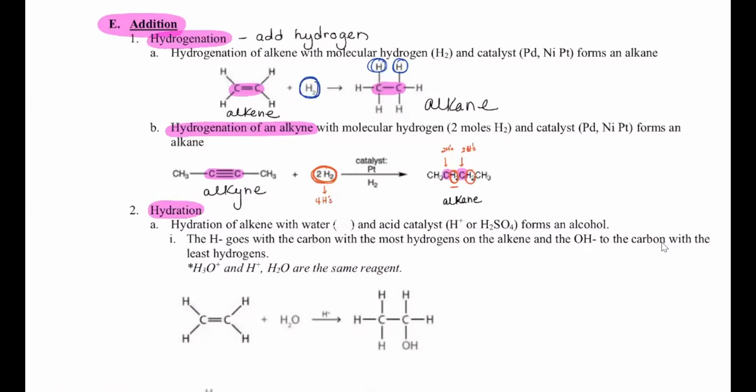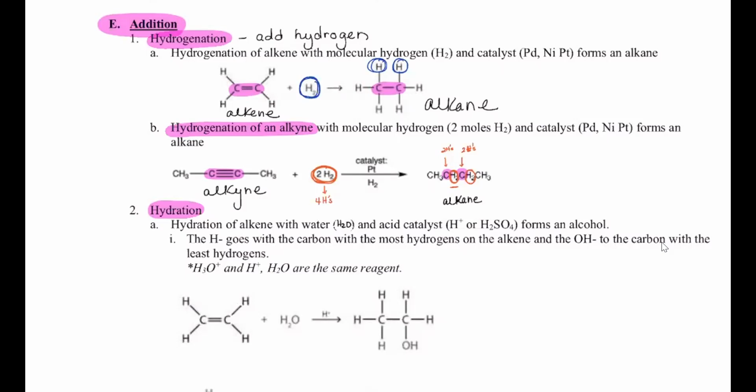So we need H2O and an acid as a catalyst, which can be shown as H plus or H2SO4, because that is a strong acid. Remember that the reason why we have catalysts in many of these reactions is just to increase the rate of the reaction. That's the only role that they have there.